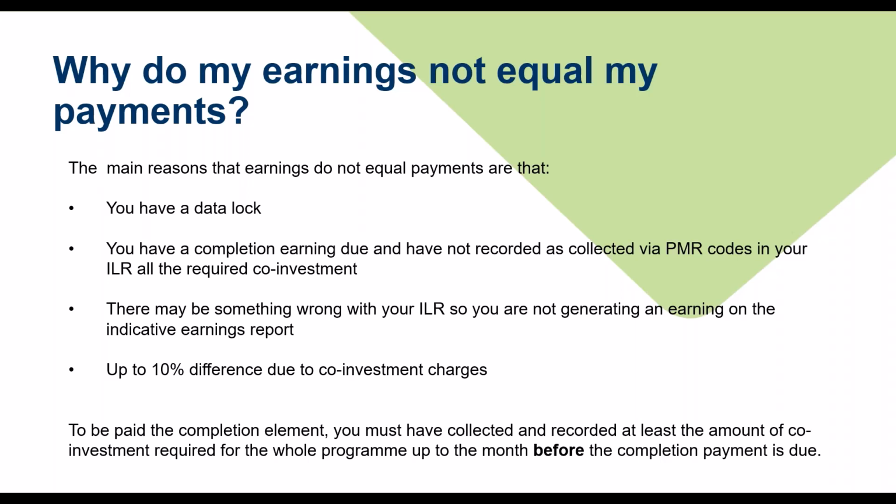If you have a completion earning due and have not recorded as collected via the PMR codes in your ILR all the required co-investment to release this payment to you, then we would withhold a completion earning. There may be something wrong with your ILR is the third reason, so you're not generating an earning on the indicative earnings report.